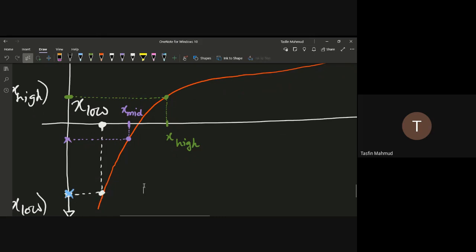So we will forget the x low now. I'm going to remove this x low, forget this, and update this x mid as our new x low.